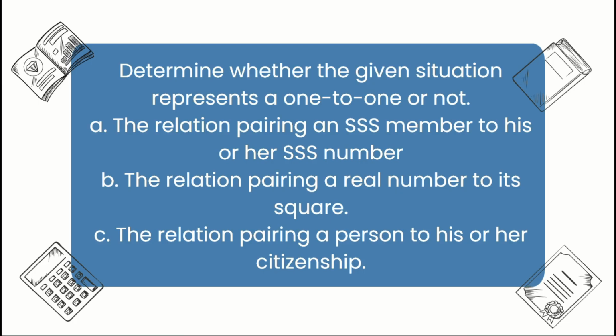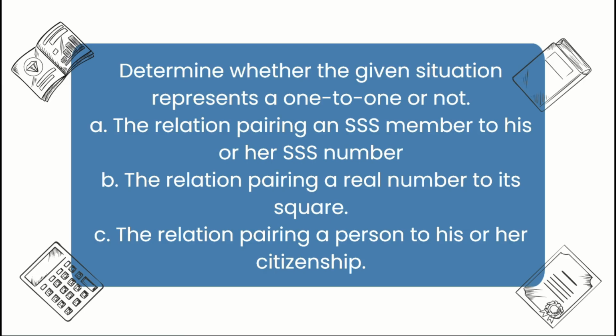And also, each SSS number is unique to an individual or to an SSS member. And therefore, hindi rin nauulit yung SSS number. And therefore, the relation pairing an SSS member to his or her SSS number is a one-to-one function.